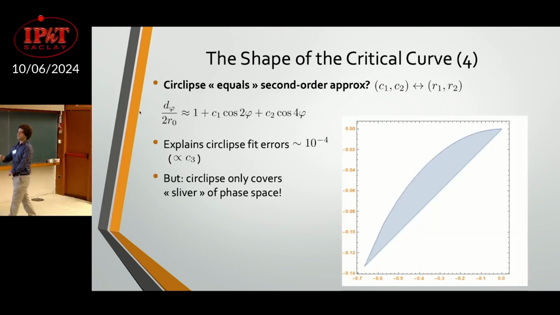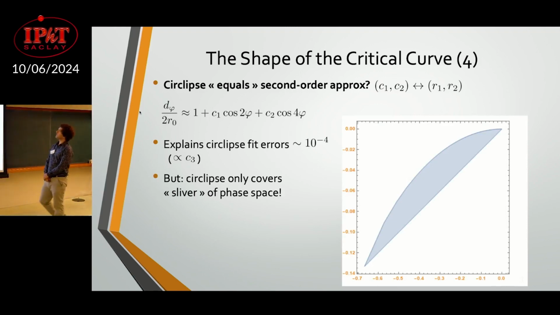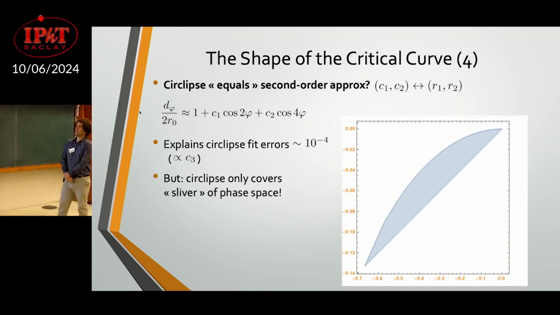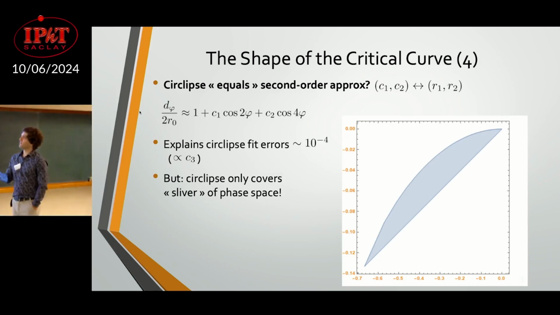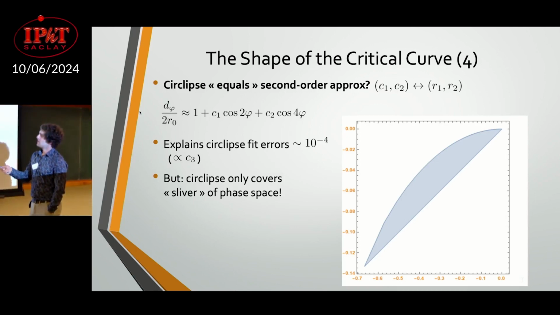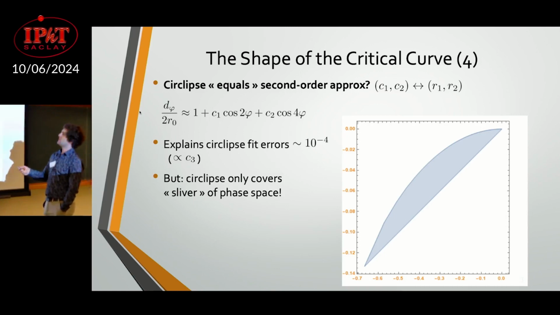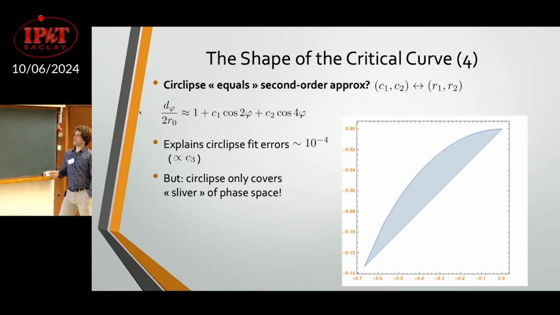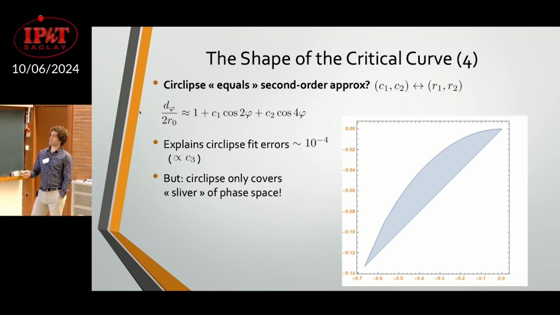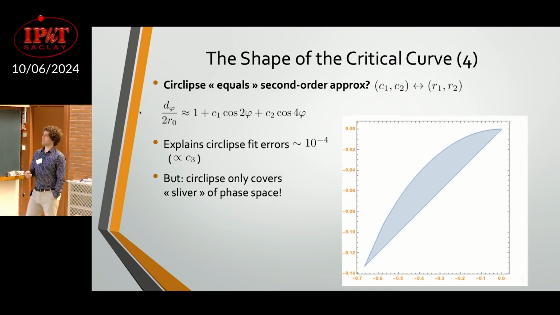However, there is, of course, the fact that a circlipse is not a general Fourier series, and so this is a much more general formula, because I can use any C1 and C2 that I possibly want. If I look at all of the possible C1s and C2s that the circlipse function gives me, it's actually just a sliver in C1 and C2 space.